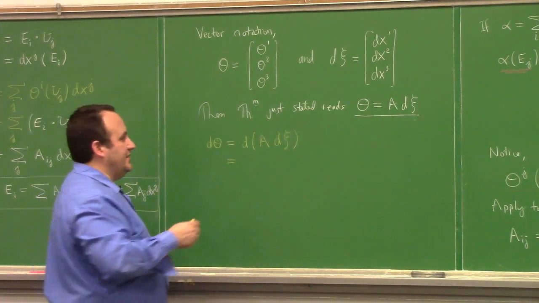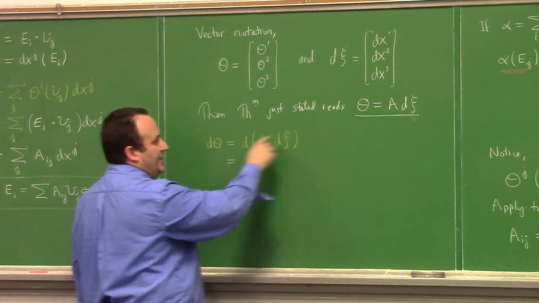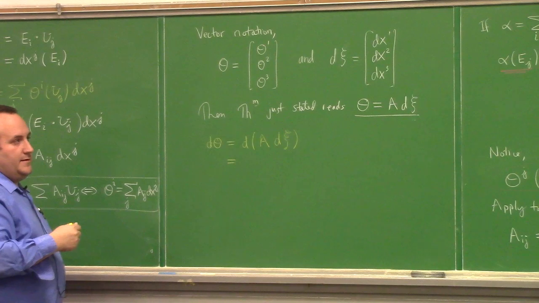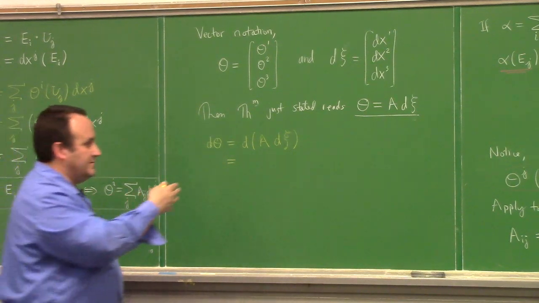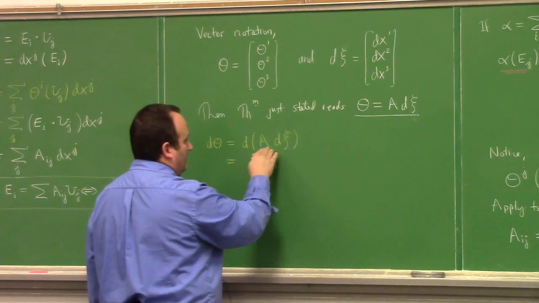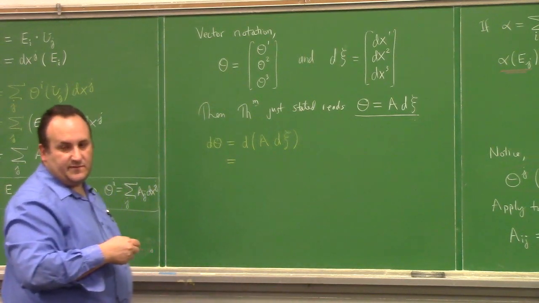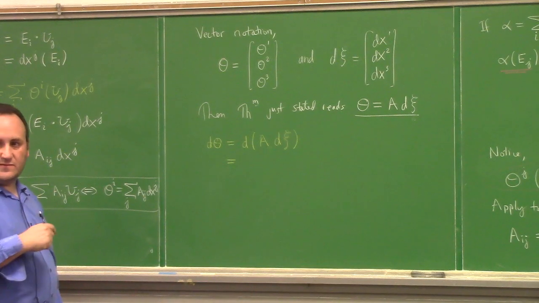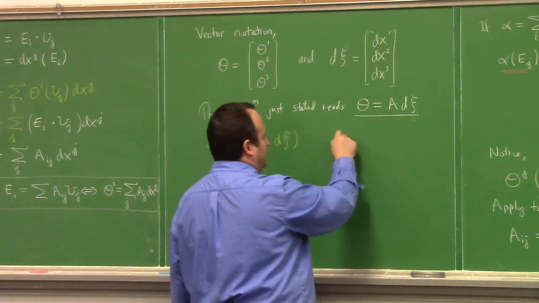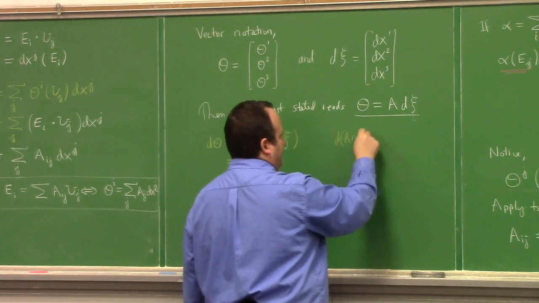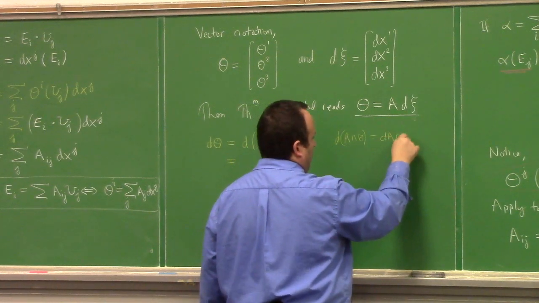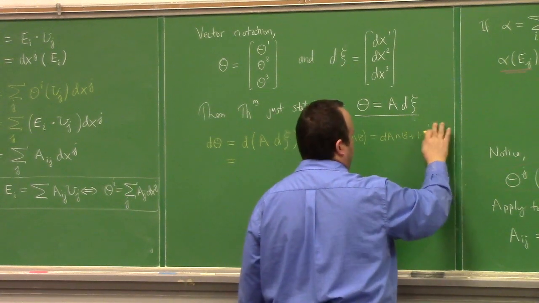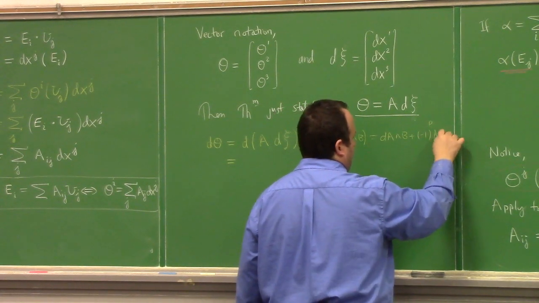So I've taken the exterior derivative of theta, and that's a product. I'm talking about the properties of wedge products of matrices of forms. I had this rule: d of A wedge B is dA wedge B plus minus 1 to the degree p of A wedge dB.